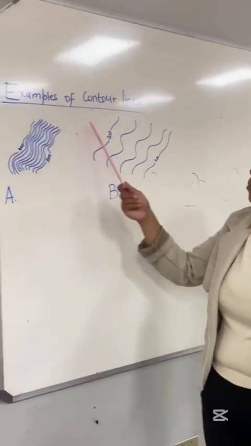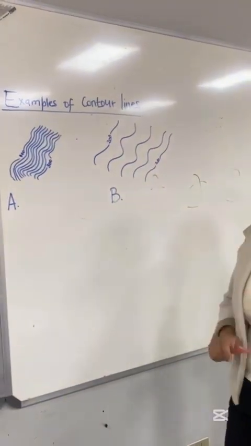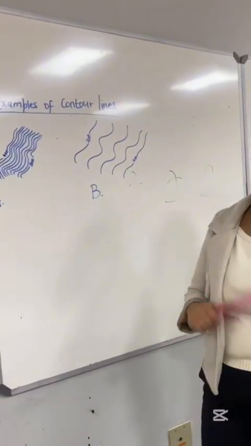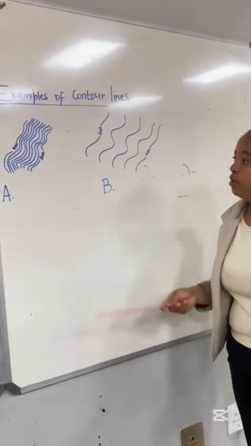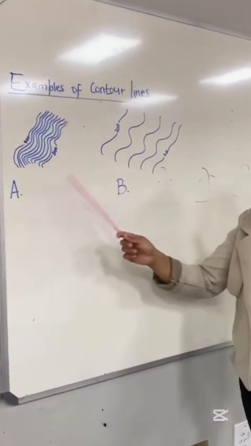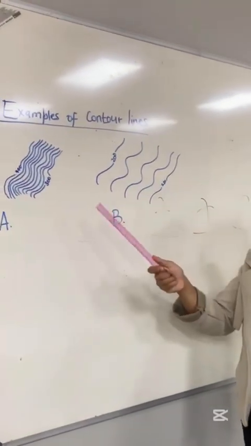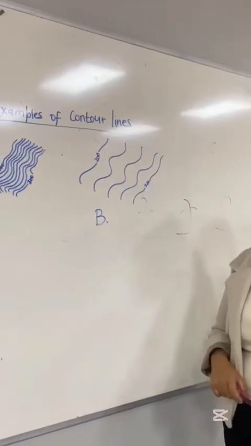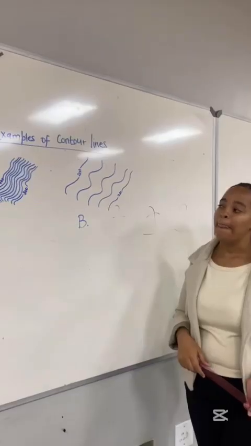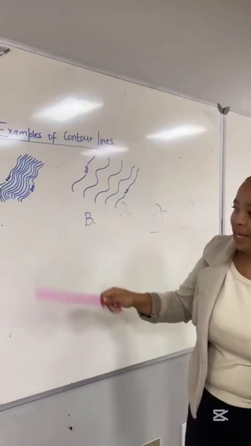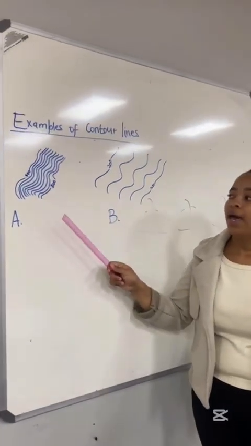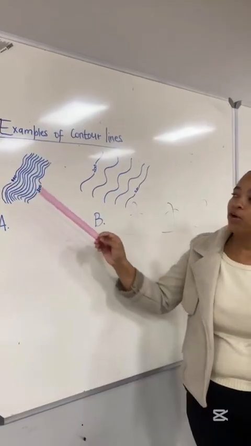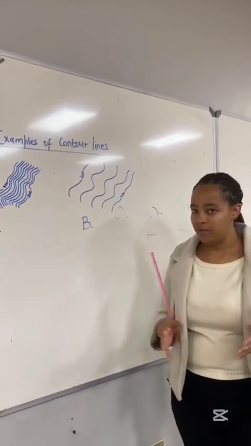Here we have examples of contour lines. Since we've talked about contour lines, there is a question I want to ask you. Looking at these two different kinds of contour lines, which one has a steep slope and which a gentle slope? Let's look at A. A has a steep slope because the contour lines are closely together.